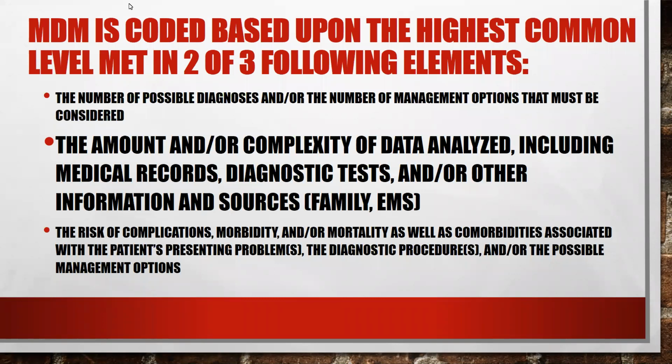The amount and/or complexity of data to be reviewed is based on the types of diagnostic tests ordered and reviewed, right? So a decision to obtain and review old medical records and/or history from other sources is included here. If you discuss any contradictory, abnormal, or unexpected test results with a physician who performed or interpreted the test, this also increases your data complexity. So actually here at Rush, I think this most often comes into play when I have trauma cases.